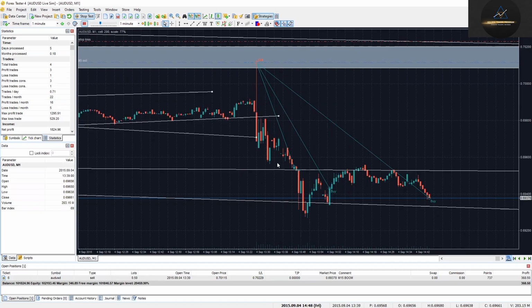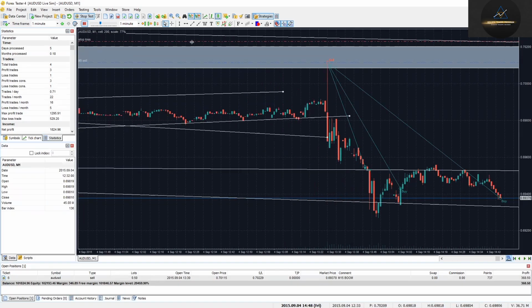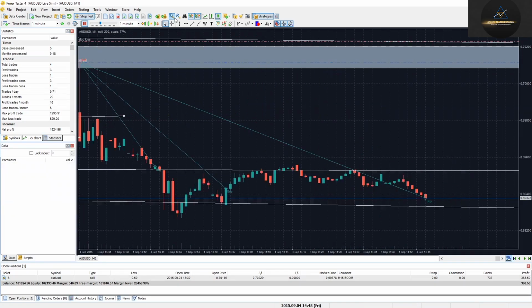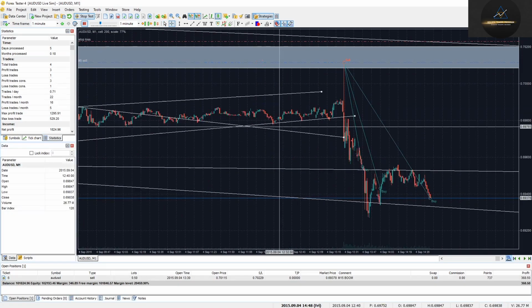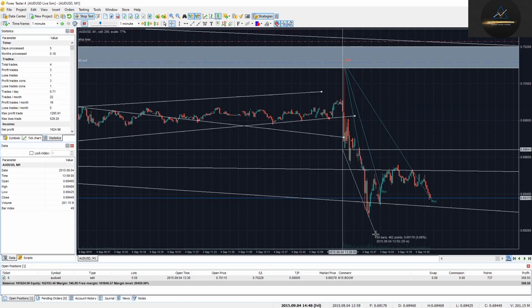So I'm showing you guys that I'm using the M1 for both entries and exits. And if we go over to this M1, man, this was really quick, wasn't it? But you can actually see here there was a bit of a boomerang.